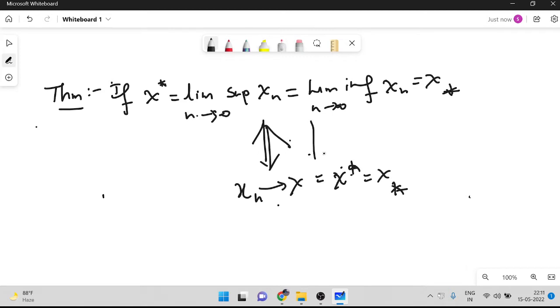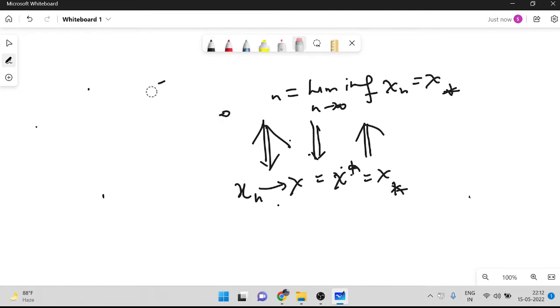So if limit inferior and limit superior are the same, it means that the sequence is convergent, and if the sequence is convergent, it means that limit inferior and limit superior are the same. Now we prove this.